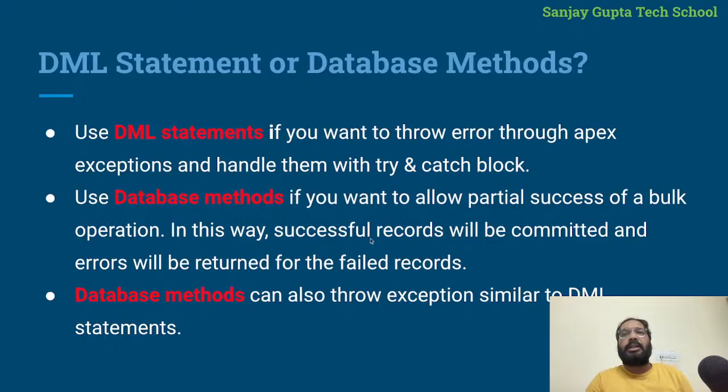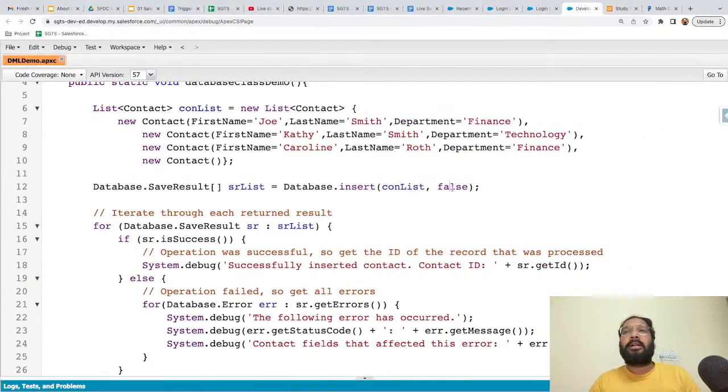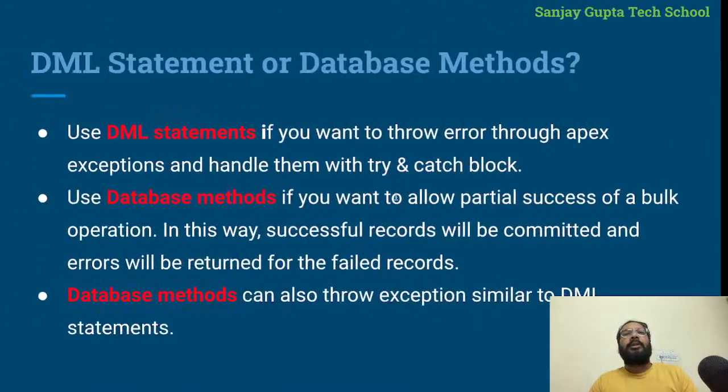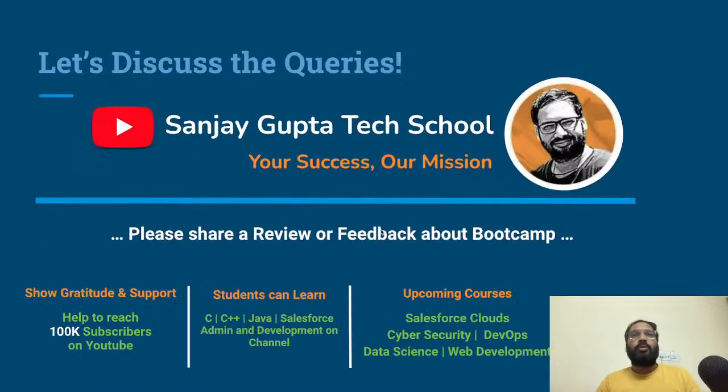In this way, successful records will be committed and errors will be returned for the failed records. Database methods can also throw exceptions similar to DML statements, but in that case you will use true in place of this false. I hope this way you understood the differences between DML statements and Database class methods.